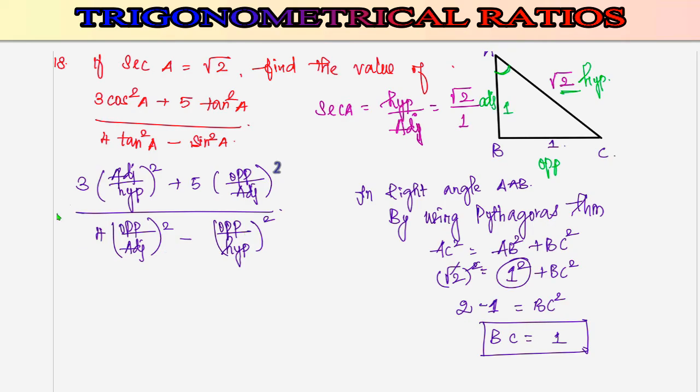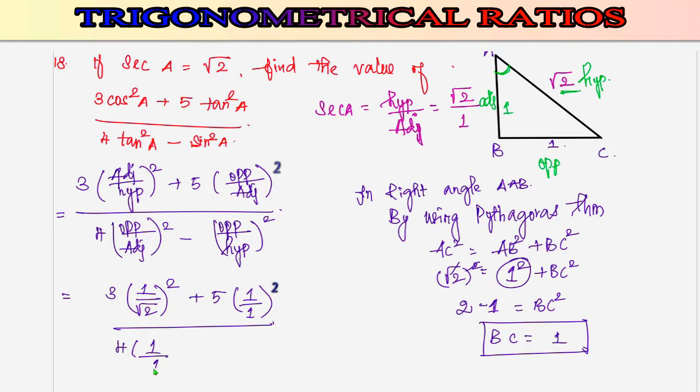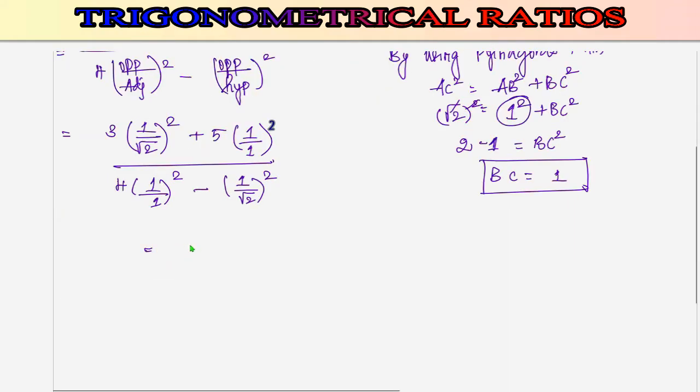Just we are going to substitute the values here. 3 into adjacent side we have 1 divided by root 2 whole square plus 5 into 1 divided by 1, divided by 4 into 1 divided by 1 whole square minus opposite side is 1 divided by hypotenuse, it is root 2 whole square.